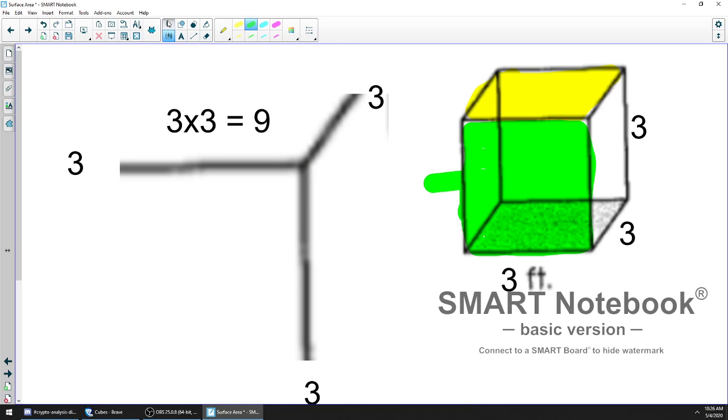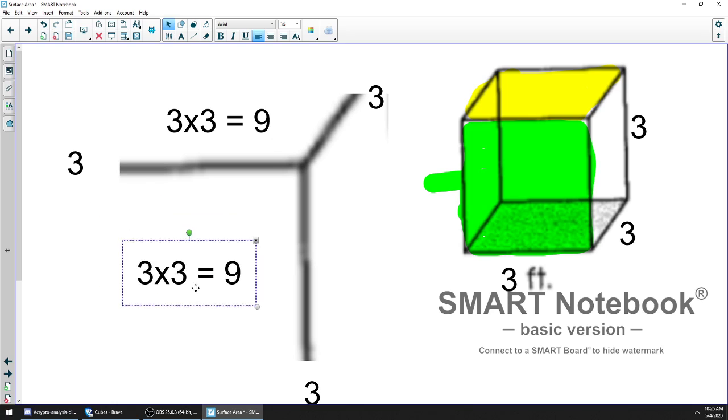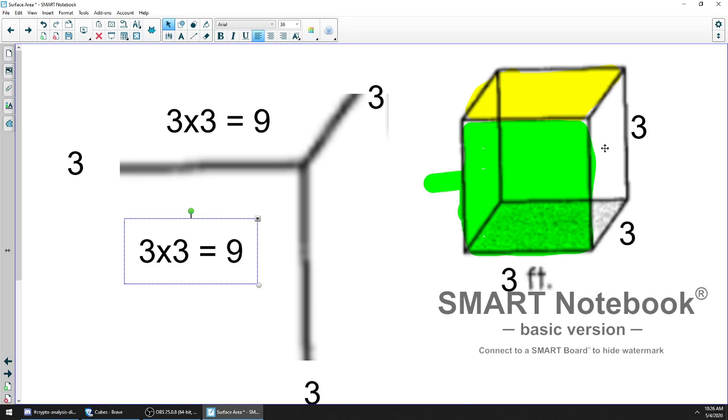That same thing goes over here. And this side, this face, will go over here.